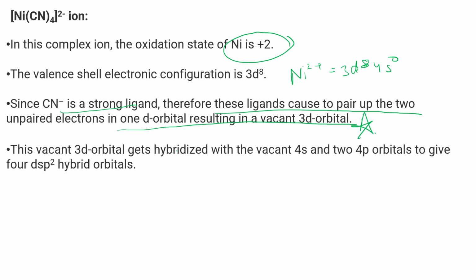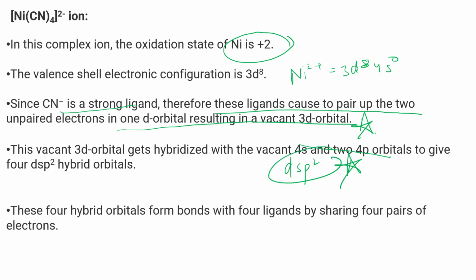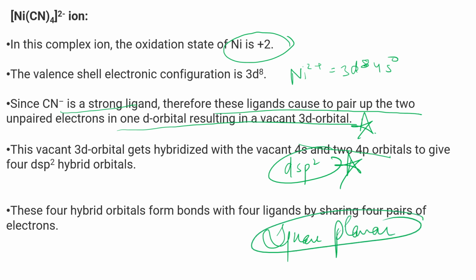This vacant 3d orbital gets hybridized with a vacant 4s orbital and two 4p orbitals to generate dsp2 hybridization. The 4 hybrid orbitals form bonds with 4 ligands by sharing of 4 pairs of electrons, and thus the complex formed is a square planar complex. Since no unpaired electron is present, it is a diamagnetic complex.